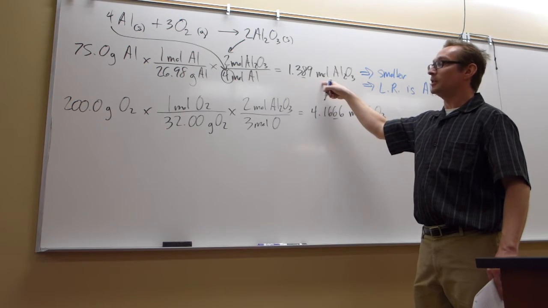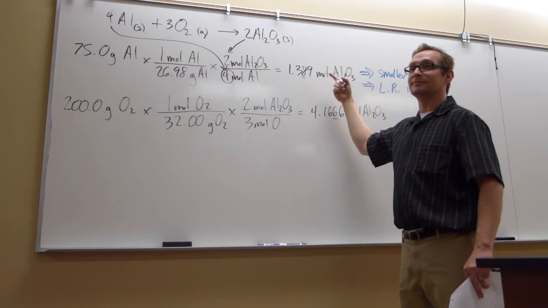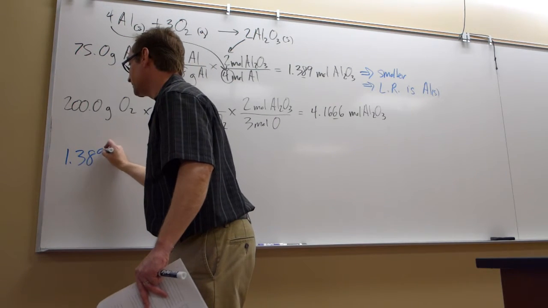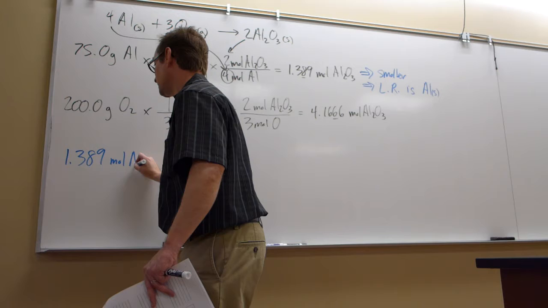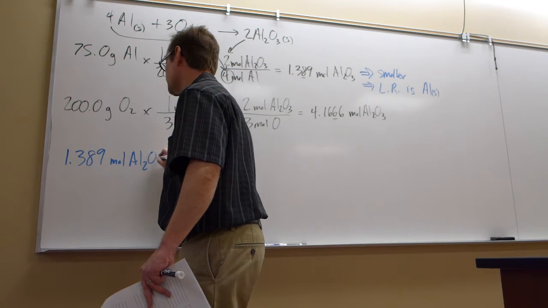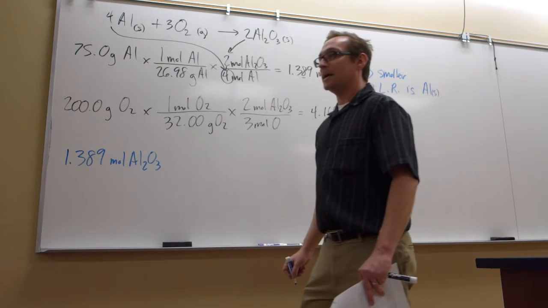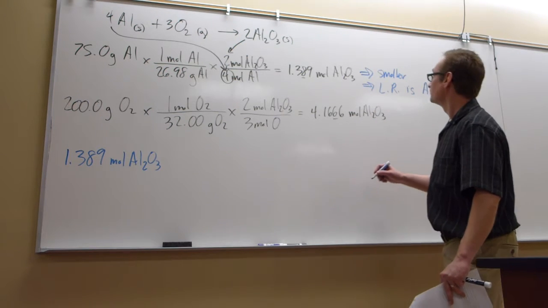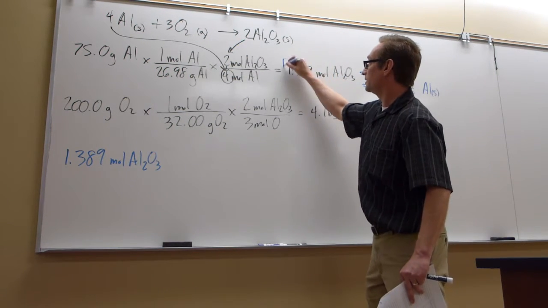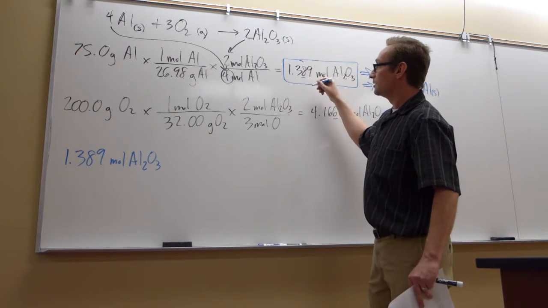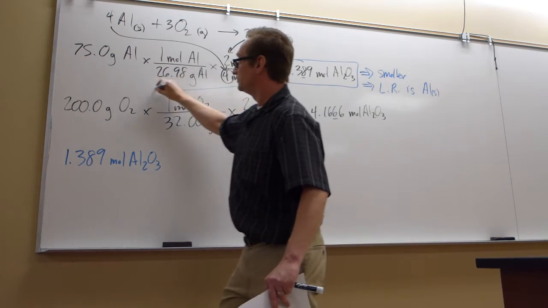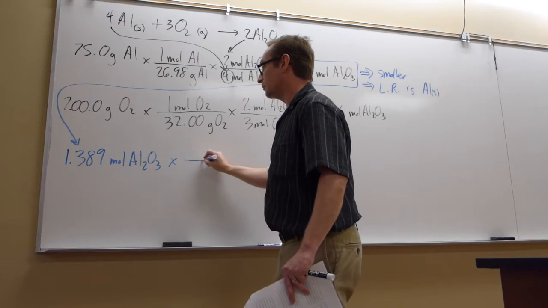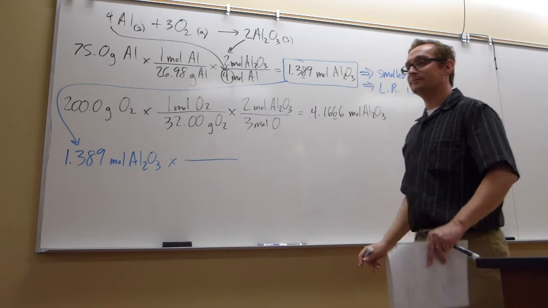We know we're going to only be able to produce this many moles at that point. So we would say 1.389 moles of aluminum oxide is my amount of product that I can produce. All right, so I'm basically taking this moles now and saying, okay, what is going to be my actual yield?